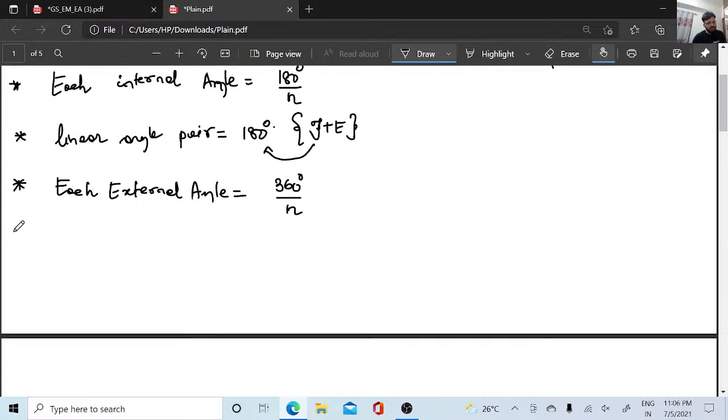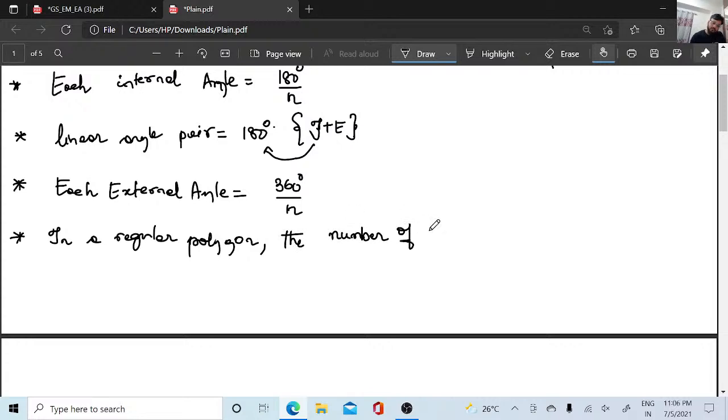In a regular polygon, if they ask you to find the number of diagonals, the number of diagonals will be equal to n into (n minus 3) divided by 2.